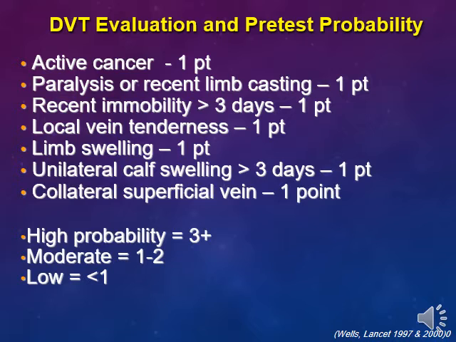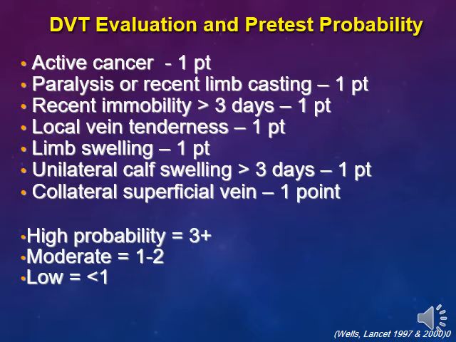Now we get to the evaluation of the risk factors in a patient with DVT, to identify which patients should take prophylaxis to prevent deep vein thrombosis, or which patients are at high risk. So the patient with active cancer takes 1 point, paralysis or recent limb casting 1 point, recent immobility more than 3 days 1 point, local vein tenderness 1 point, limb swelling 1 point, unilateral calf swelling more than 3 days 1 point, collateral superficial vein 1 point.